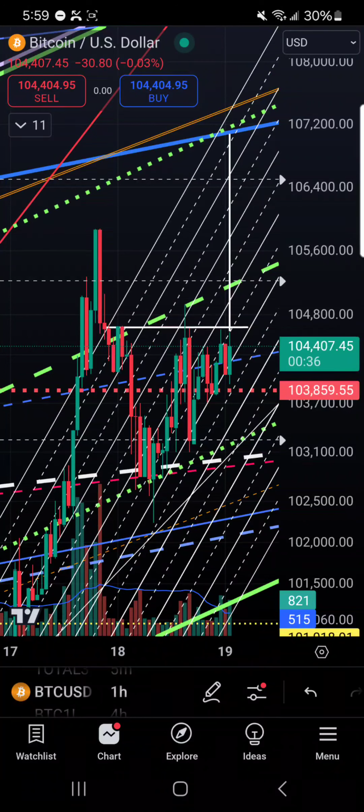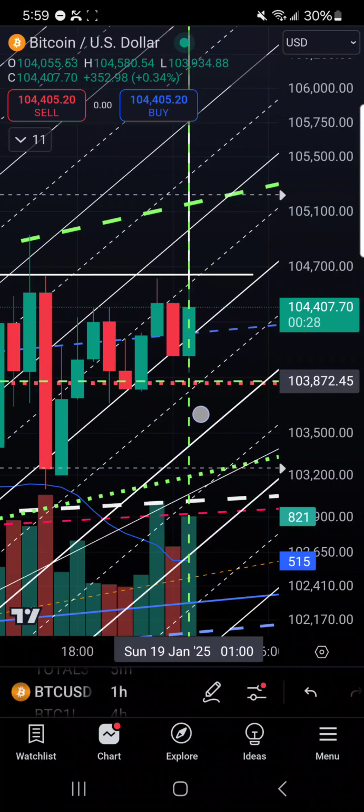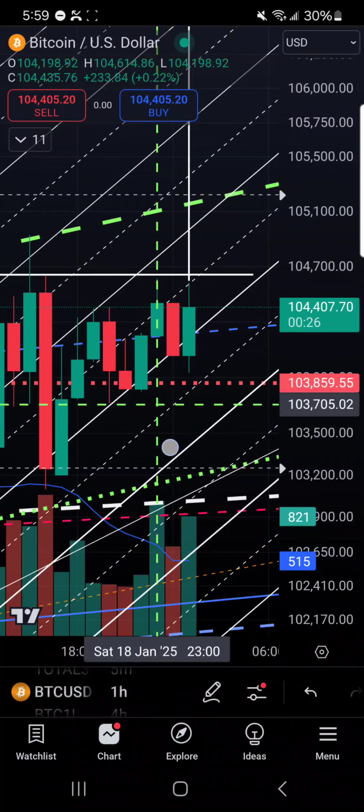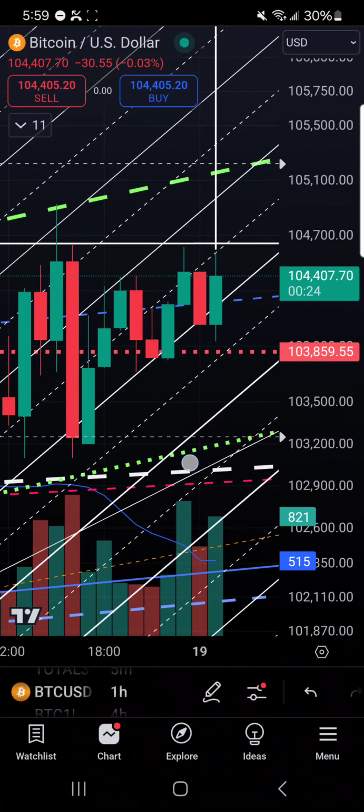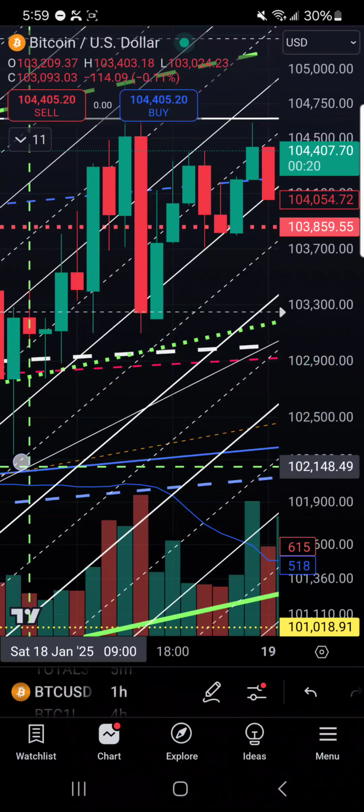But no, because I saw here on this last candle that we did come out. We did come out here. But that is exactly the distance that we came out here and here.